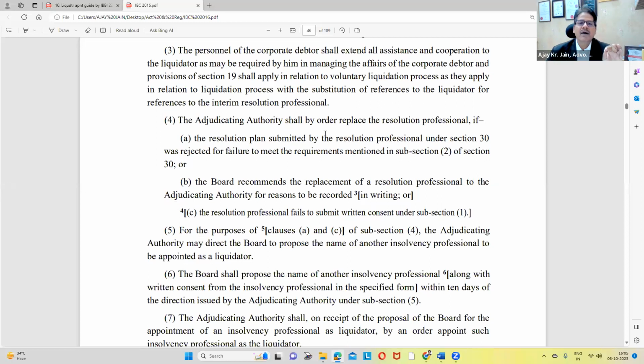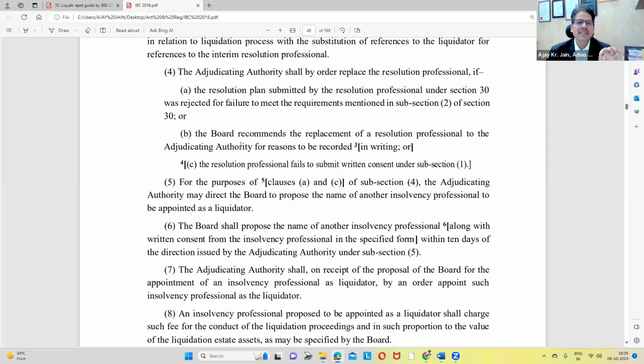The AA shall by order replace the RP if the resolution plan submitted by the RP under section 30 was rejected for failure to meet the requirement mentioned in subsection 2, or the Board, that means IBBI, recommends the replacement of the resolution professional to the AA for reasons to be recorded in writing.